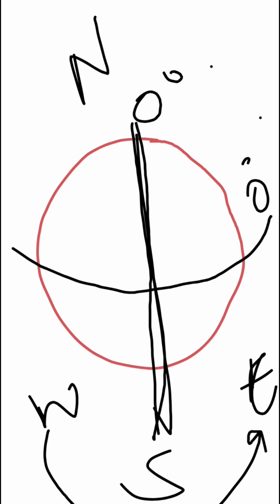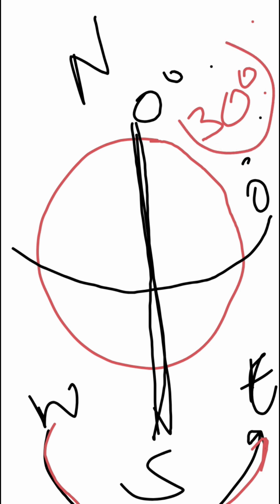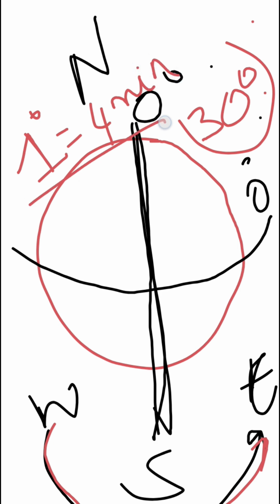Now I have to move from west to east for at least 30 degrees. We know that each 1 degree carries the time of 4 minutes, right?